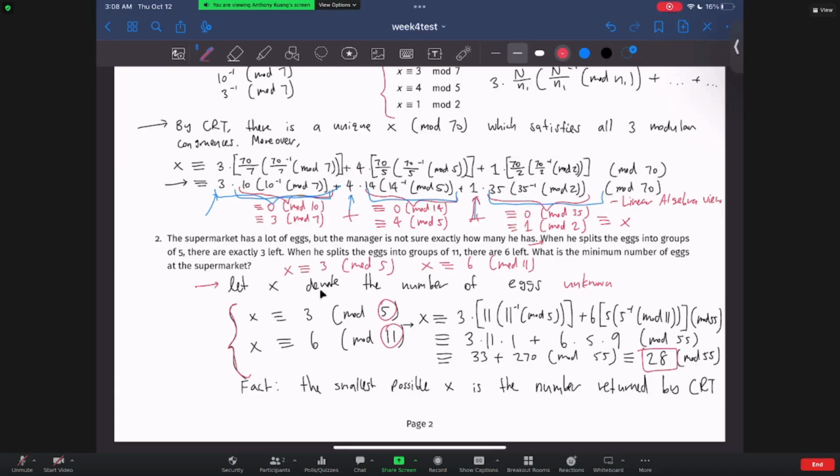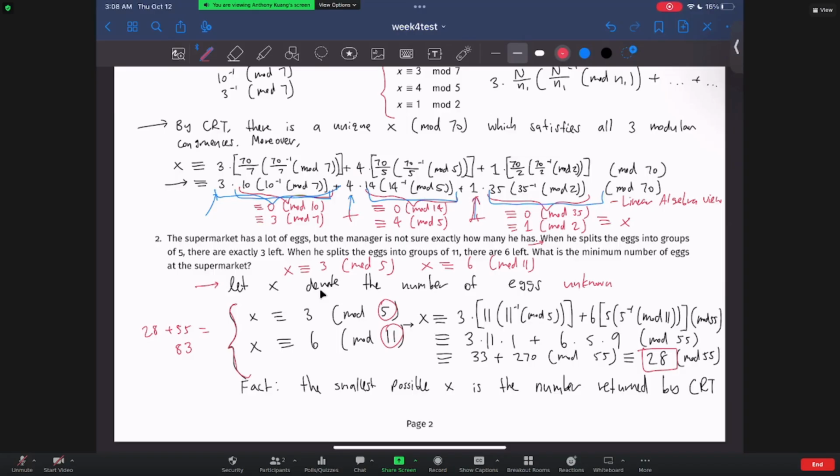Now notice that 28 mod 55 is not the only solution. We can also add any multiple of 55 to get a valid solution. So for example, 55 plus 28 gives us 83. So 83 is also 3 mod 5 and 6 mod 11.